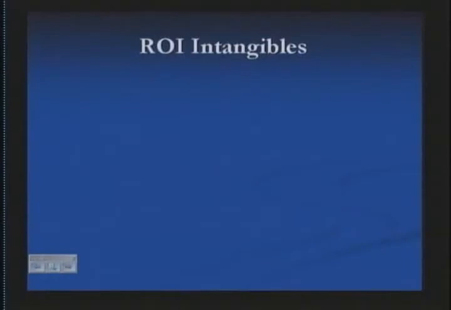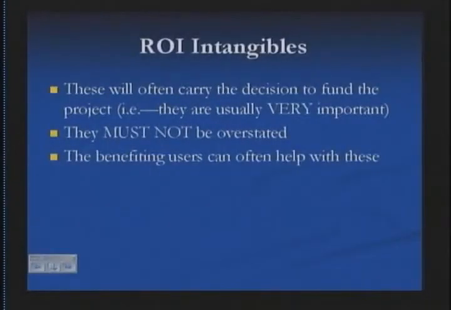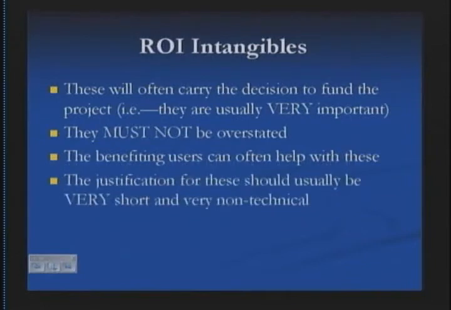Now we get to the intangibles. Now, unfortunately for us in the IT world, oftentimes it's the intangibles that carry the decision to fund the project. What that means is usually the benefiting users can often help. As we said with tangible benefits, that will be true with intangible benefits.